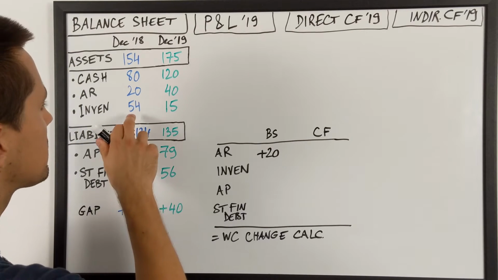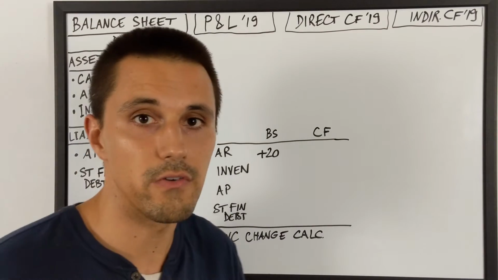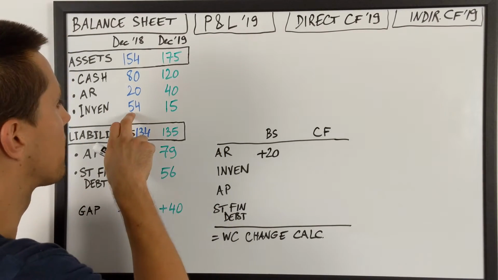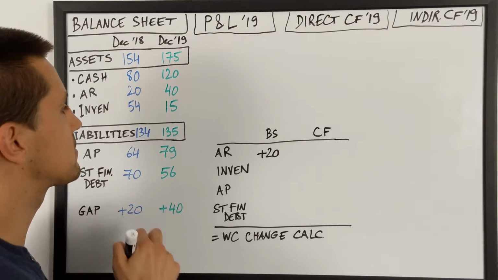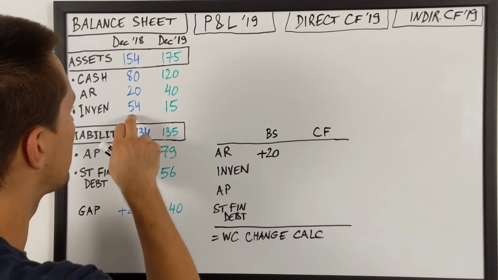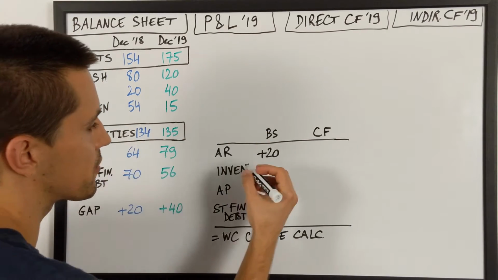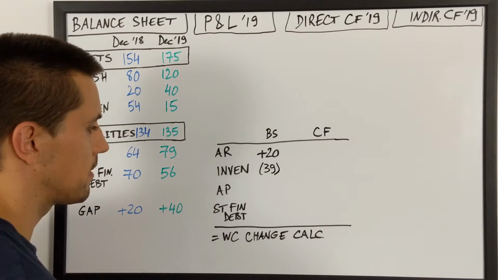Then inventory, here we can see we have done a good job because we are able to reduce the inventory, which means, when you're going from 54 to 15, that you were able to sell last year's inventory. So when we look at what happened in the balance sheet, that's a drop of 39. So balance sheet effect minus 39.